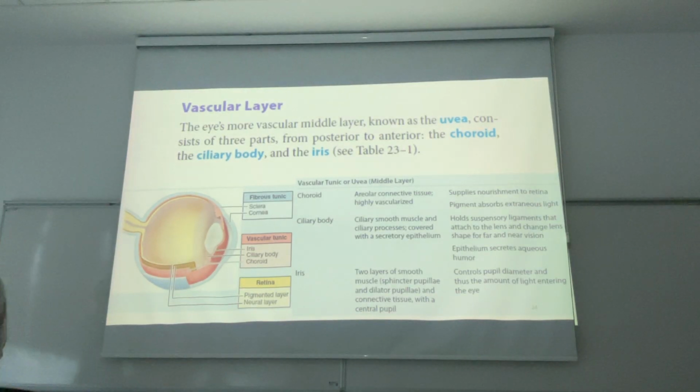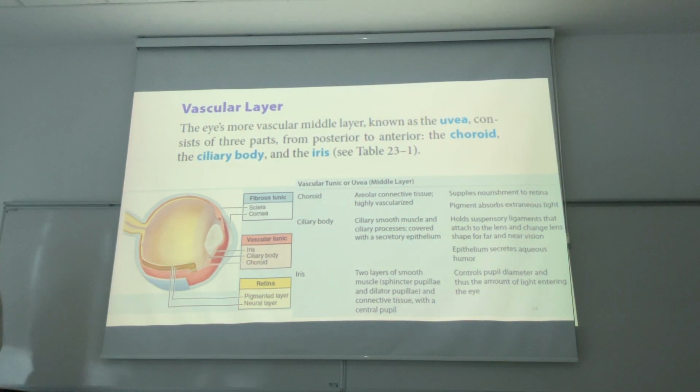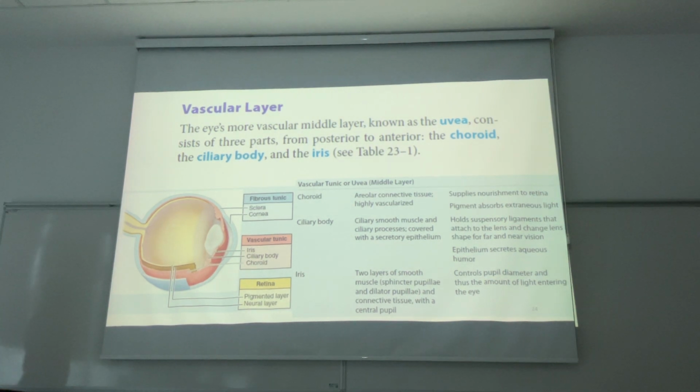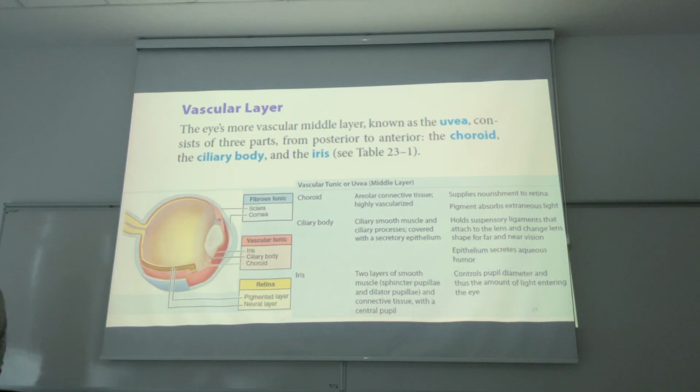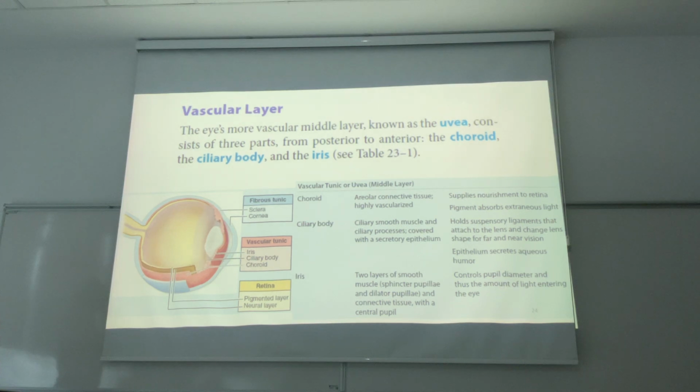Hello everybody again. Now we are going to continue our lecture about eye histology, from the vascular layer. As we talked about, the vascular layer is composed of the choroid in the outer, posterior part, the ciliary process, and the iris.